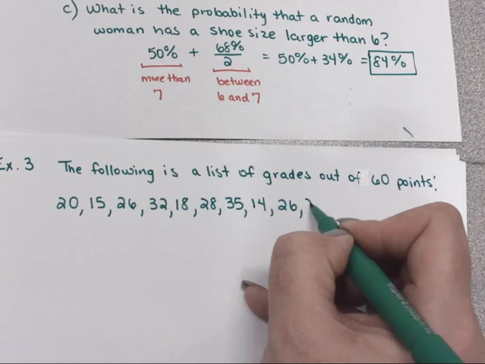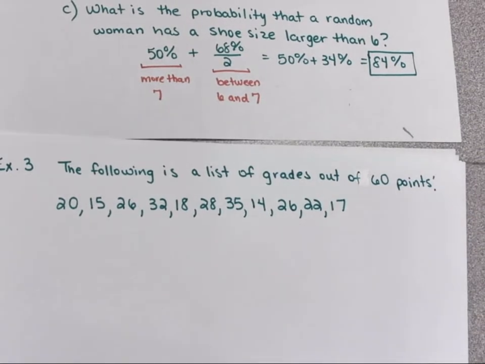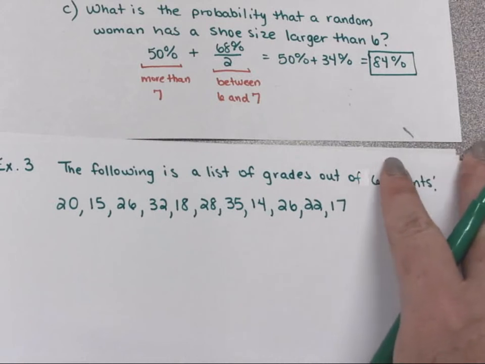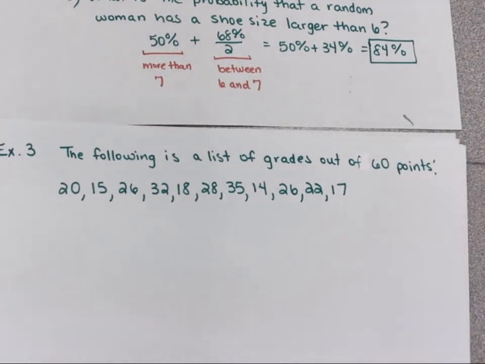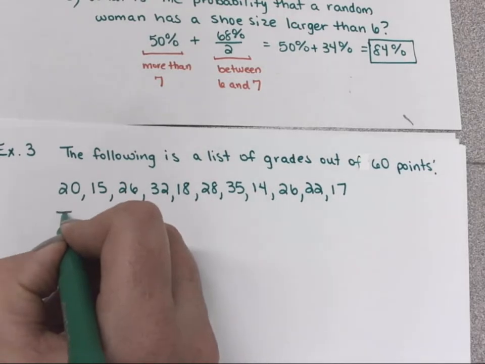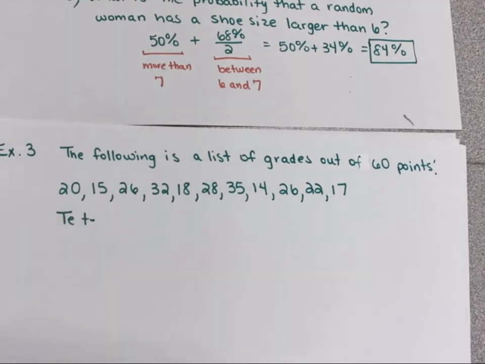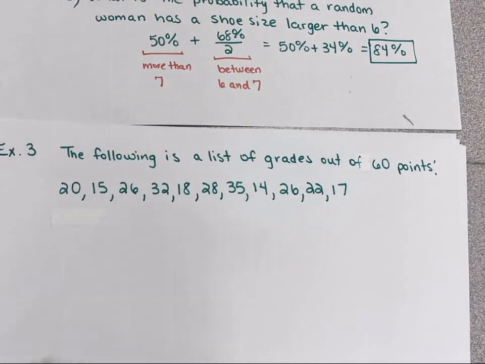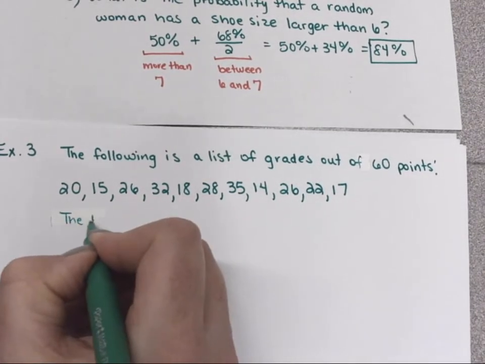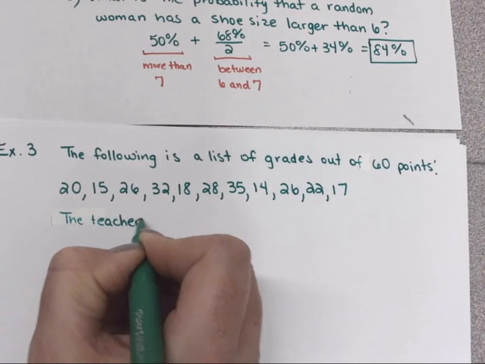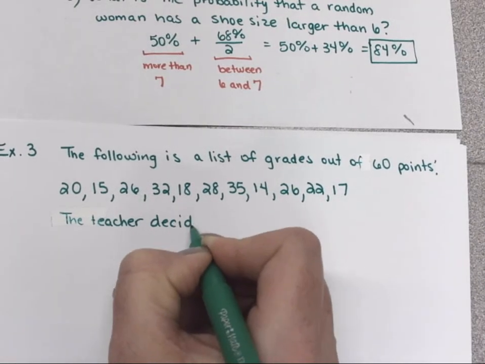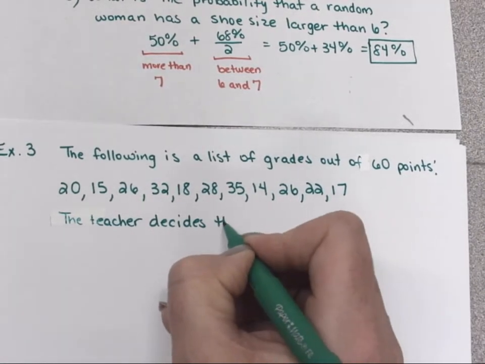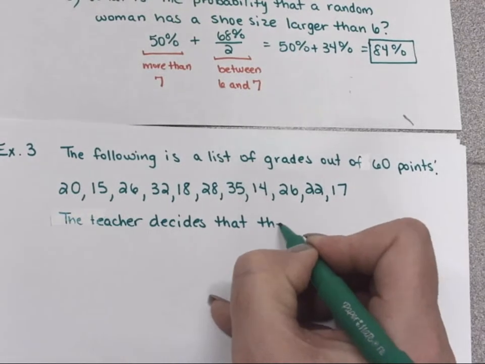So these might be like the grades that my calculus teacher that I mentioned last time gave, right? Where the average was like a 30-something. The test, basically the teacher decides that the test was too hard.